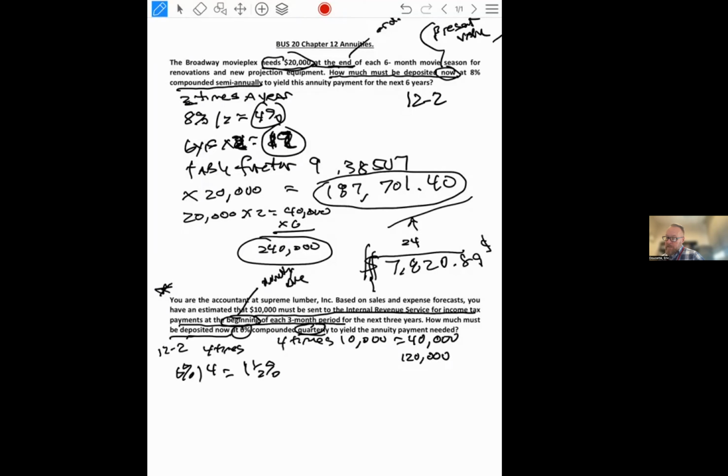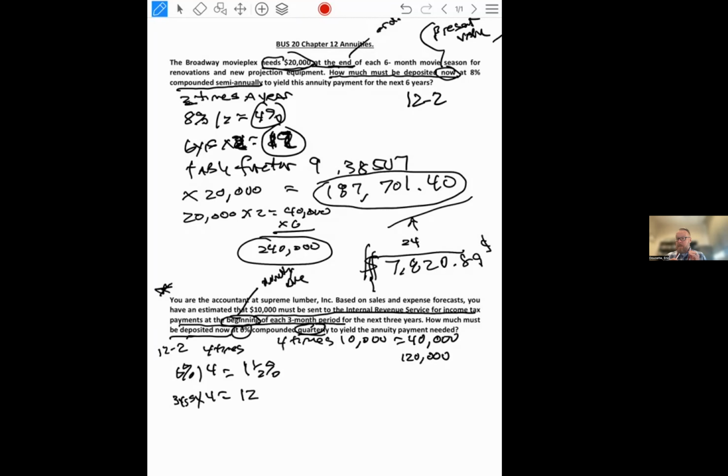And then it says here it's going to be compounded quarterly for 3 years, right? So 3 years times 4 equals 12. So there's going to be 12 periods at 1.5% interest. However, last time, if you remember, when we did an annuity due, we had to add 1 period. But when you're doing a present value, you have to subtract 1 period. So in this case, it would be 12 - 1 equals 11 periods.